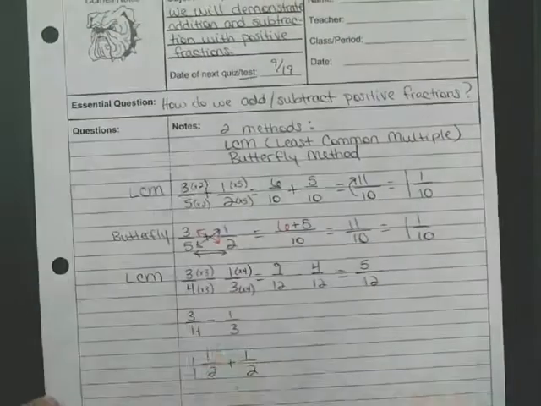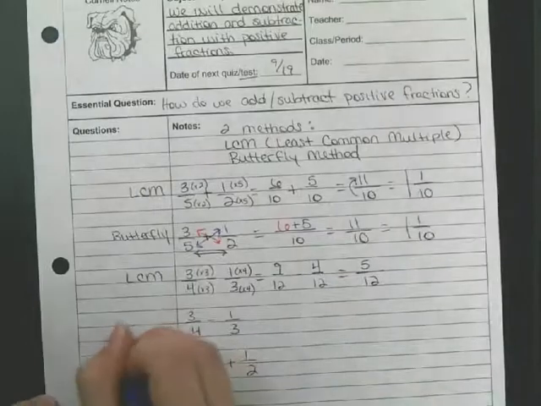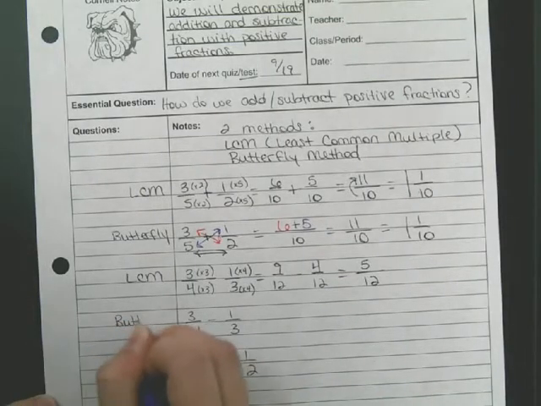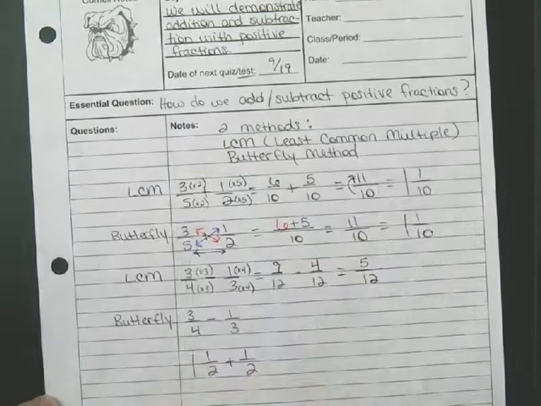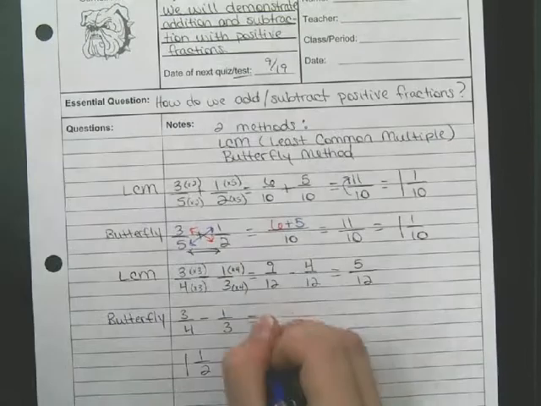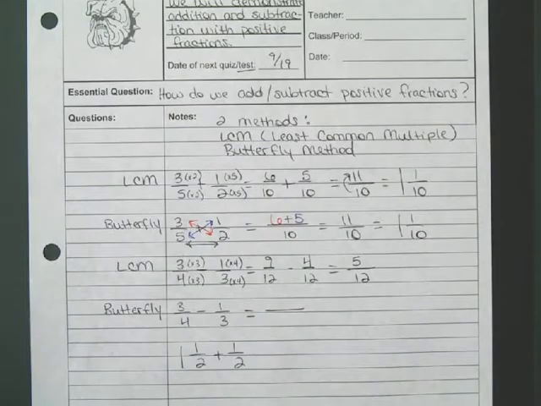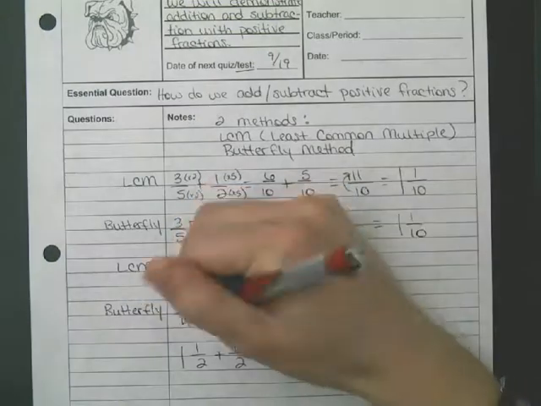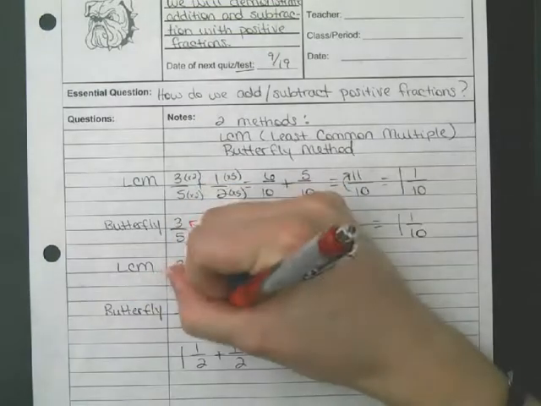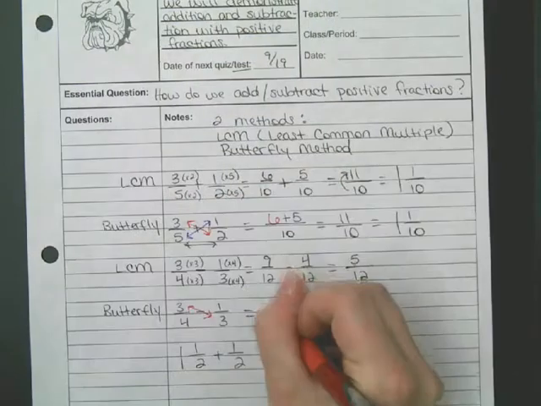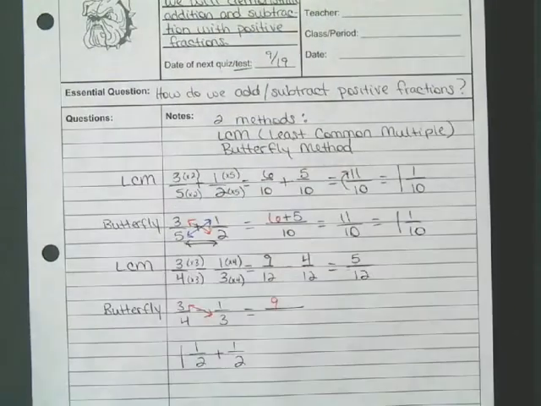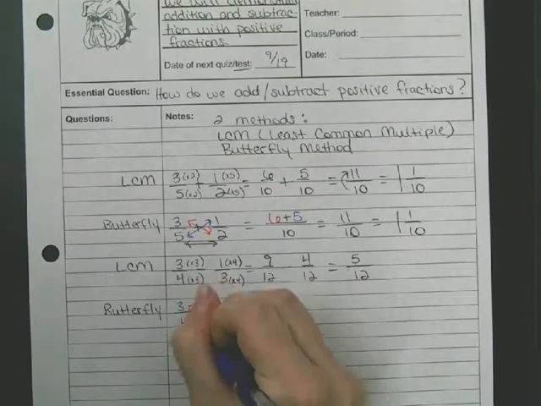Now, let's do the same problem with the butterfly method. So, I'm going to set up a new fraction. I'm going to cross multiply. 3 times 3 is 9. So I'm going to put that in the numerator. I'm going to cross multiply 4 times 1, that equals 4.